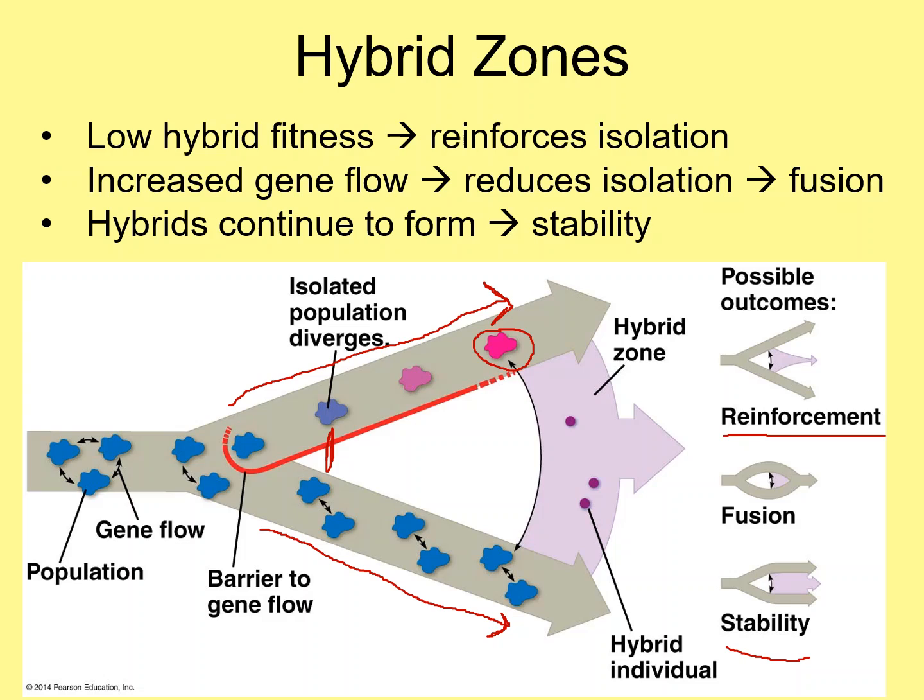So you basically remove that barrier and allow those populations to start interbreeding with each other again. Then you can have fusion. Essentially, two populations that were headed down separate trajectories are now merged back together, and you're dealing with one species again, interbreeding populations that are not isolated from each other. So that's another possible outcome. It's rare, but sometimes it does happen.